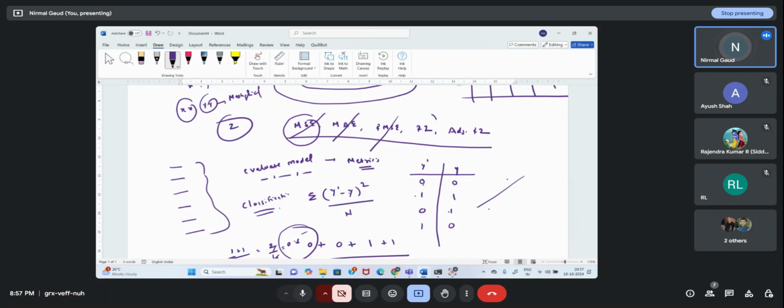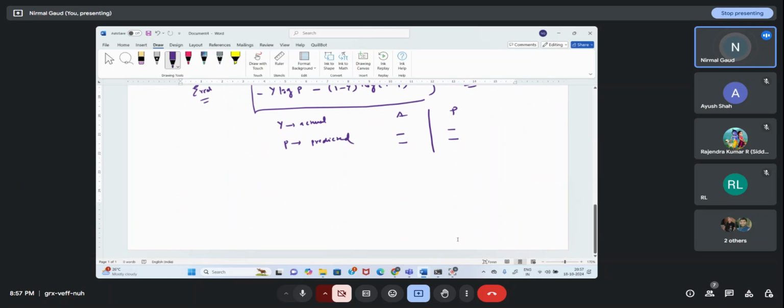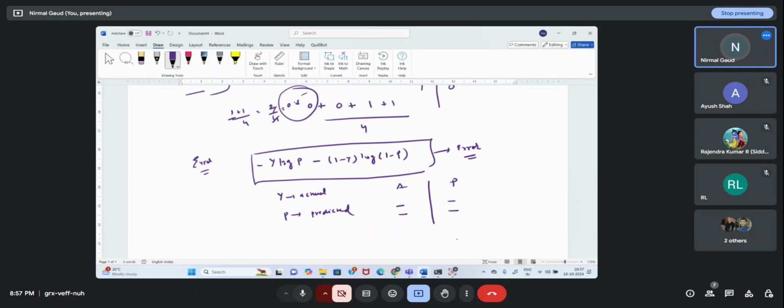Now the question is, sir, whether we can use R2 in logistic regression. If you are not considering error like what we did in MSE, the error we are considering is this one, for classification. Not MSE.